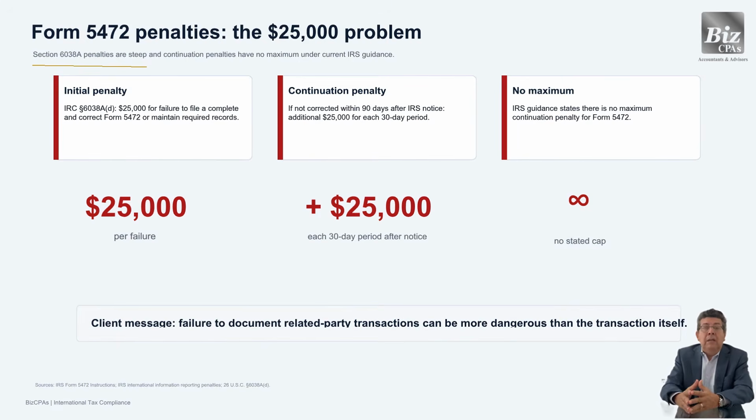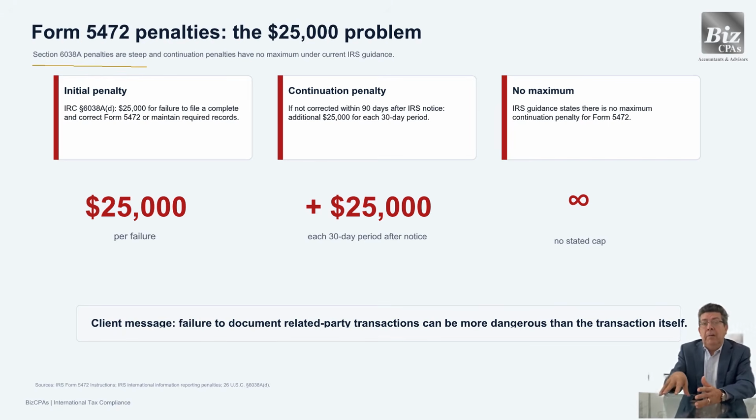Now, the penalties for not reporting this activity, this foreign persons. Minimum initial penalty of $25,000 for failure not to complete. This is not just not to complete the form, but also not to maintain required records.